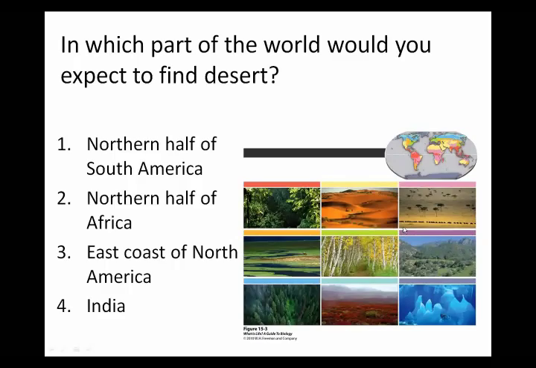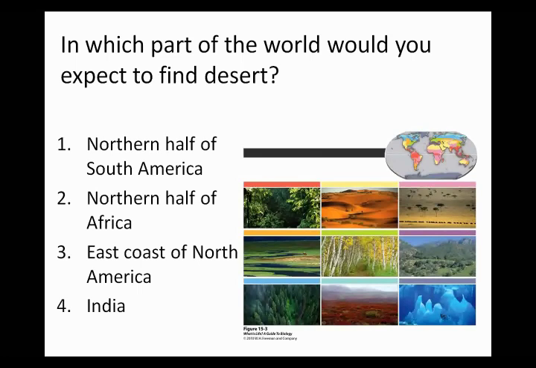So one of the things that you need to be able to do in order to have a thorough understanding of aquatic and terrestrial biomes is think about where they're located on the map. Always keep in mind your latitude and longitude. Always keep in mind the equator and the poles, and where different things are going to be spread out as far as their place on the map.